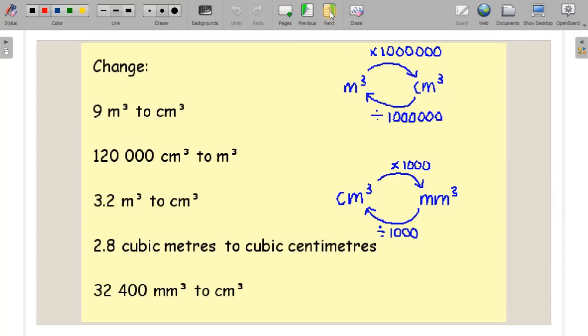Alright, here are the examples. Now I want you to remember the technique in the previous topic, which is area. We first determine how many steps from one unit to another unit, and then we multiply by 3.